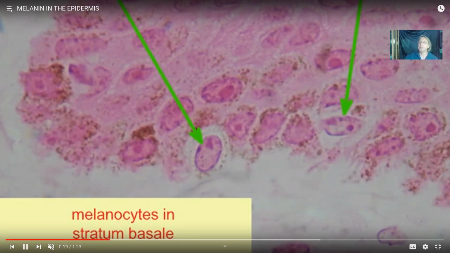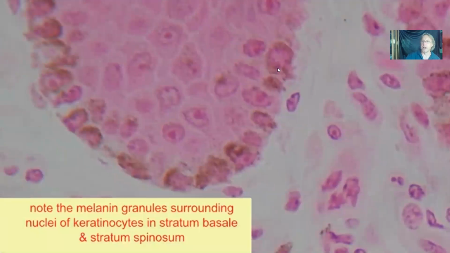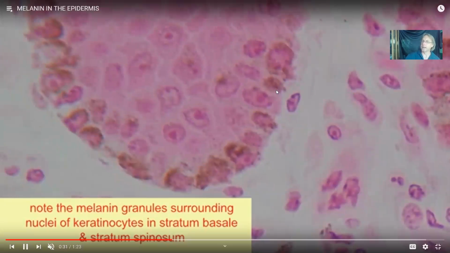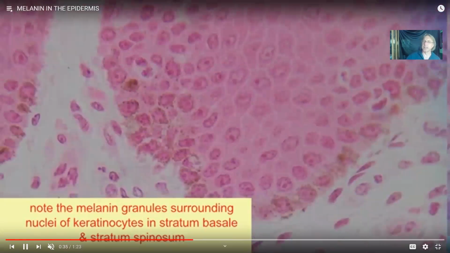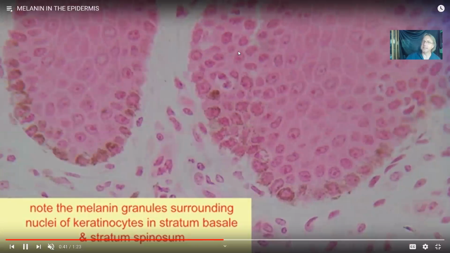The majority of the melanocytes are in the basalmost layer of the epidermis, the stratum basale, but they inject vesicles of melanin into neighboring cells. So these neighboring cells, especially in the basal layers, are then protected from UV light. Here, it doesn't matter as much.